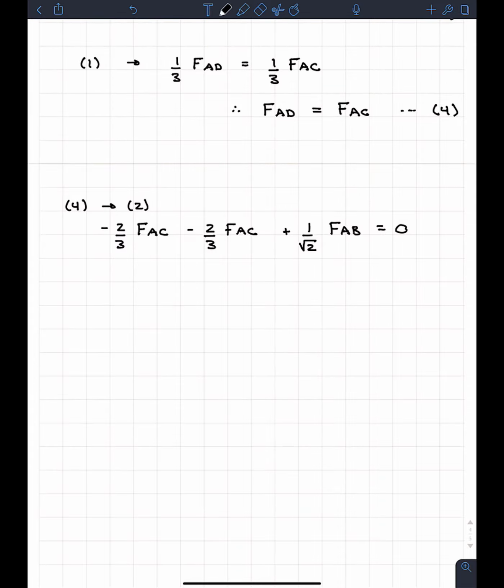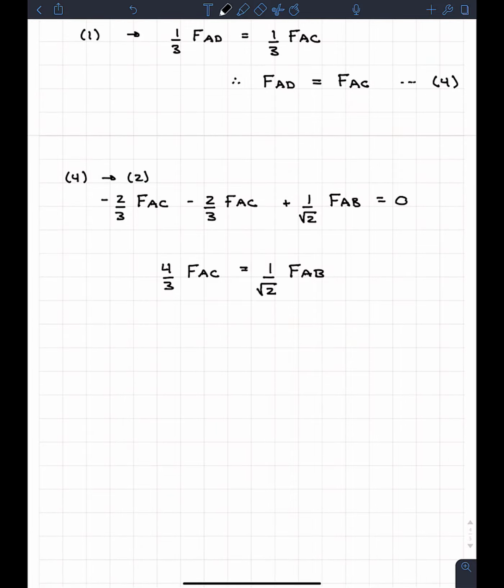So what I can do is move the two FAC terms to the other side. So I'm going to get 4 over 3 FAC is equal to 1 over root 2 FAB. And I can just move that root 2 to the other side.